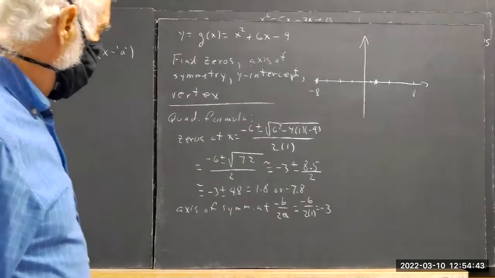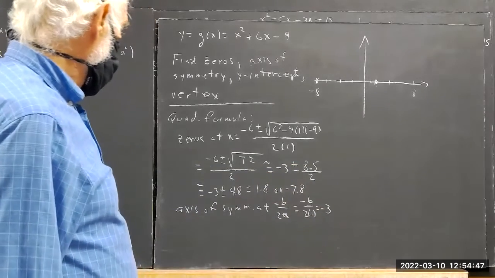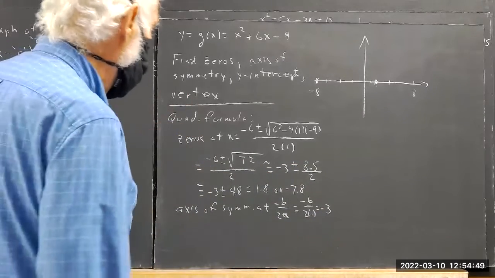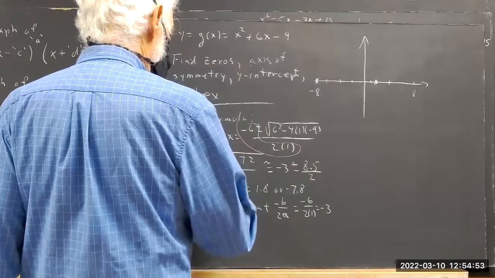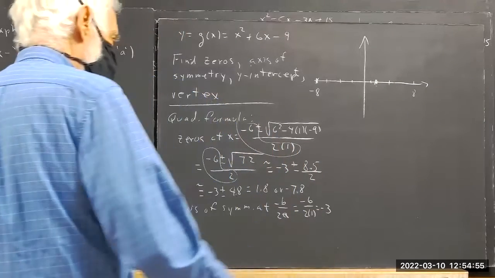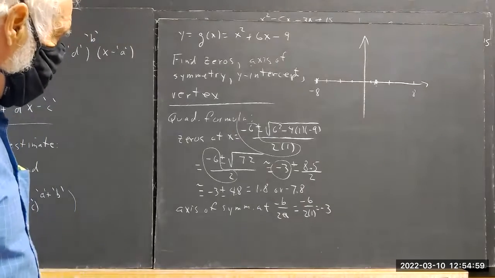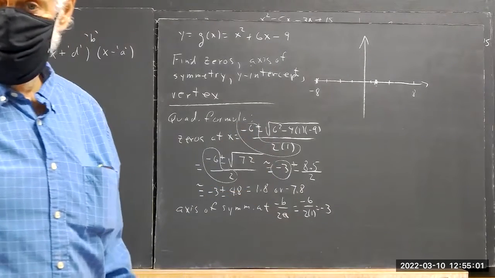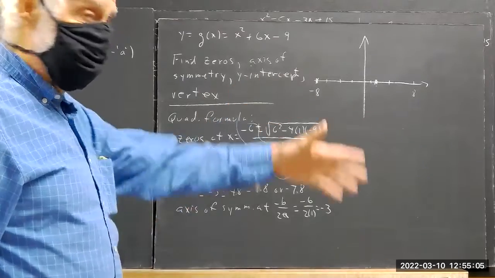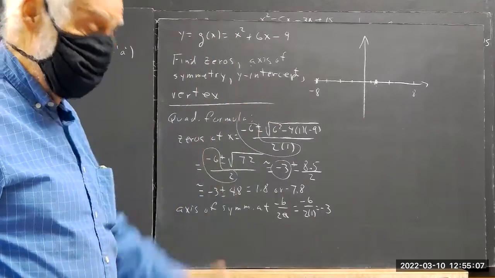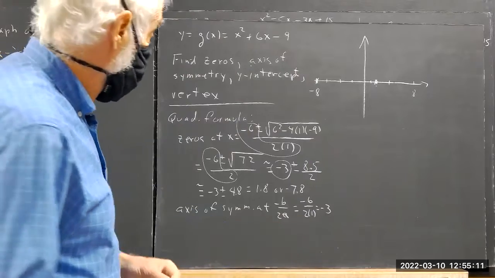The axis of symmetry is that x equals negative 3 line, and of course that comes right out of the quadratic formula. It's here. I've described why it is: the axis of symmetry is halfway between the zeros, and it divides the graph in half so that you have mirror images on the two sides.